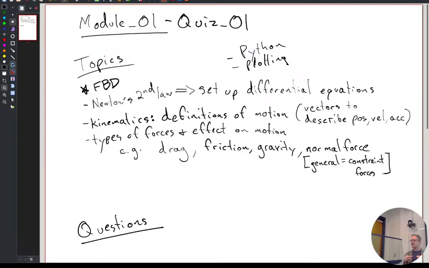Something is stopping motion from happening. We'll get more into that in module 2, talking about what the constraints on motion can be, like hinges and sliding and those kinds of things.